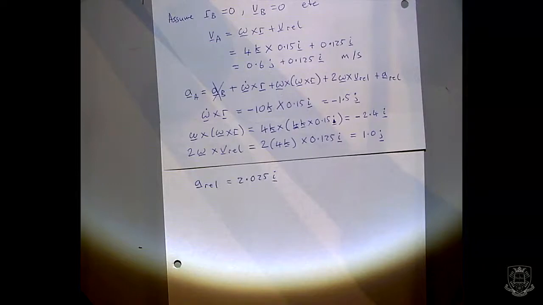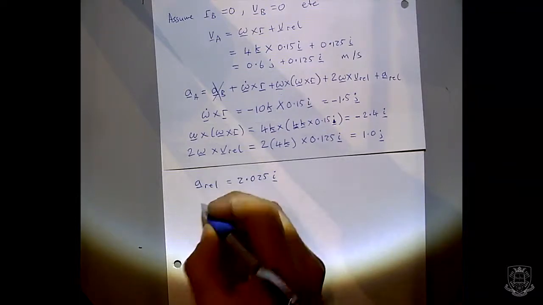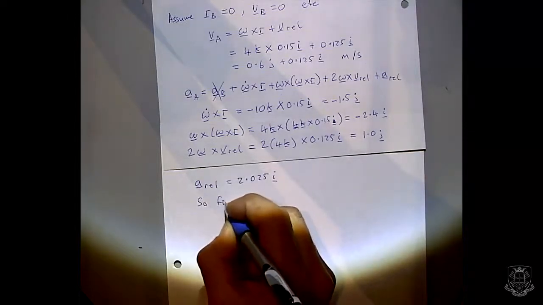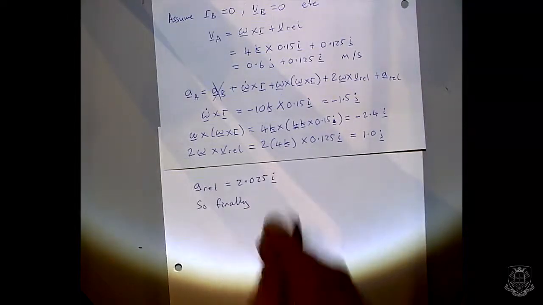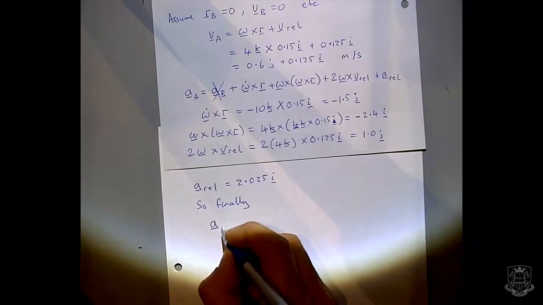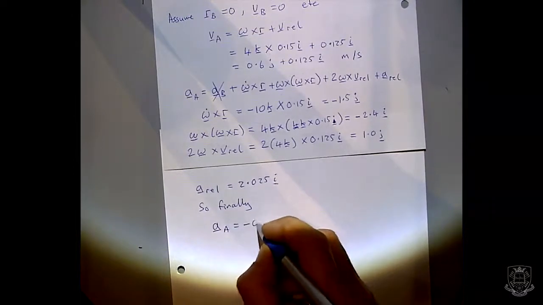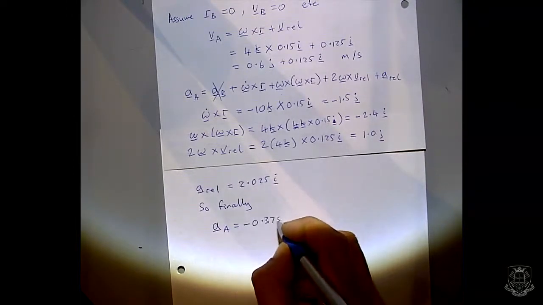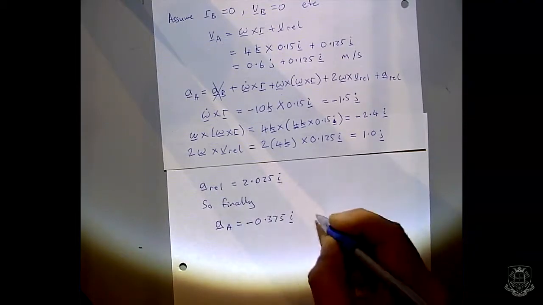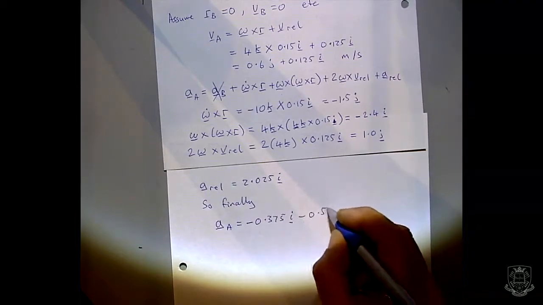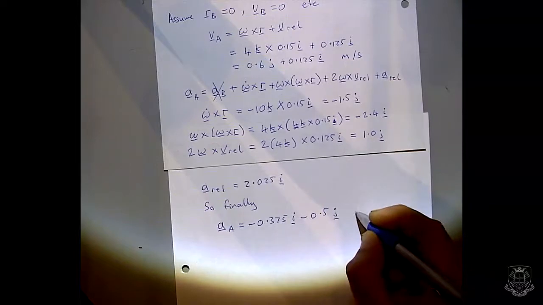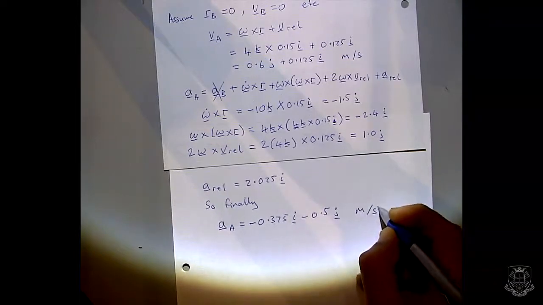Then you can plug all of those bits into the expression for the acceleration, add up the I direction parts and the J direction parts, and what you get finally is that the acceleration at A is equal to minus 0.375 I minus 0.5 J. I'm not forgetting that we need units as well.